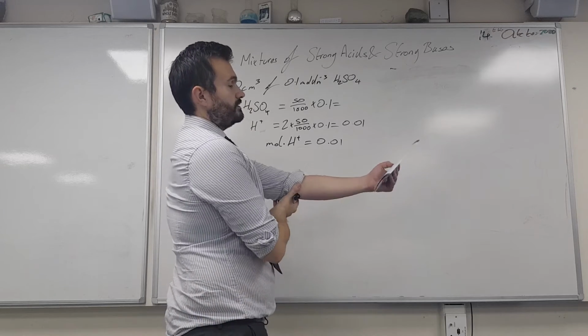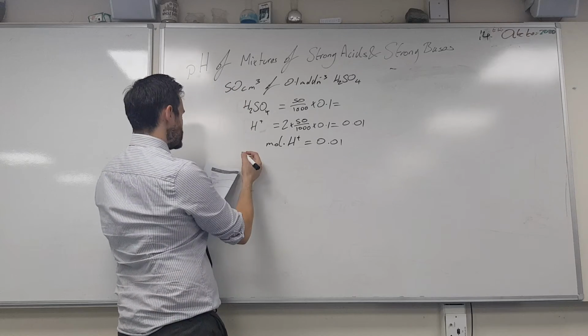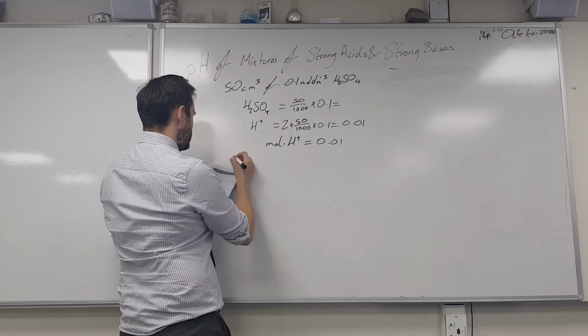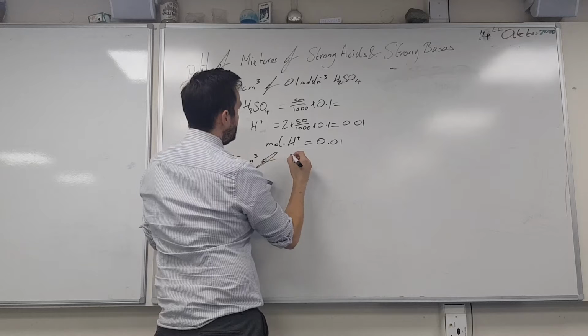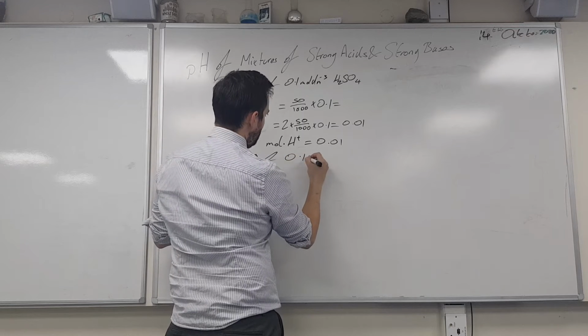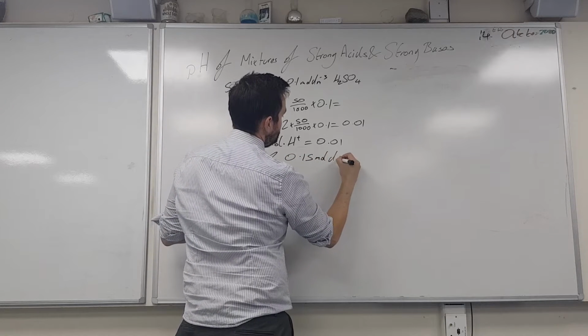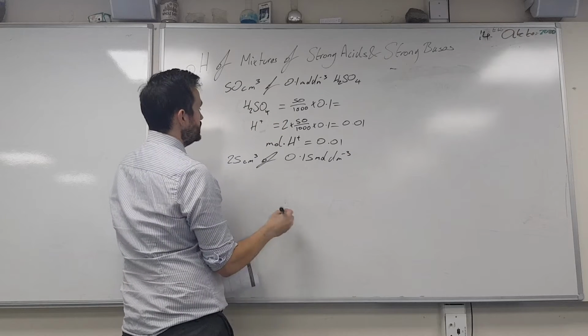We now want to work out the moles of OH minus. How much have we got? We've got 25 centimetres cubed of 0.15 mol dm minus 3.